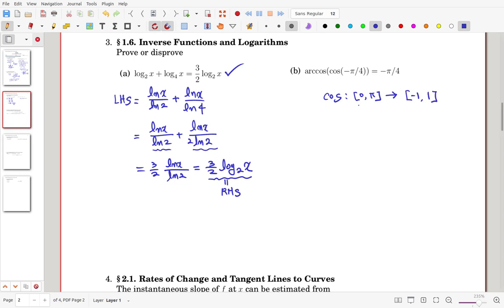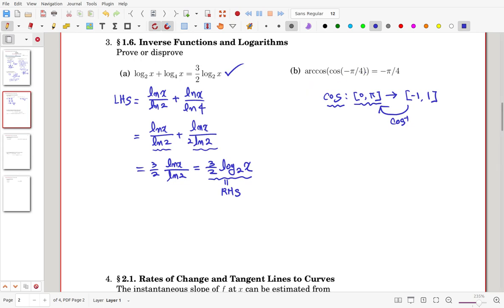Then in this restricted region, cosine is one-to-one, and we can define arc cosine. So that is the cosine inverse or arc cosine. So this is how we define the arc cosine.